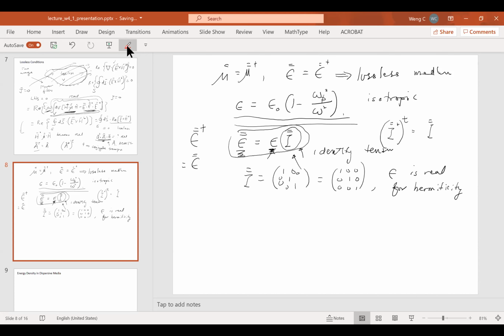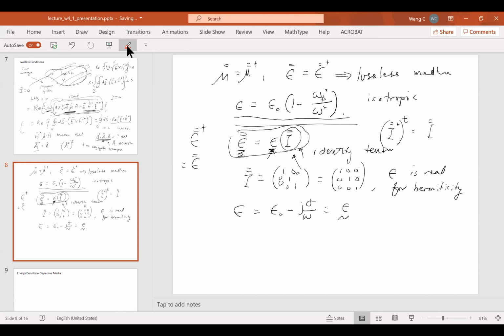What about if I have a conductive medium? I would have epsilon naught minus j sigma over omega. And this is a complex number. Is this tensor that corresponds to this conductive medium Hermitian or not?